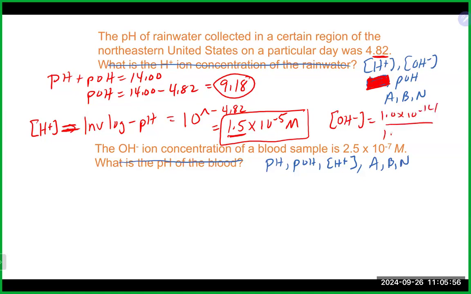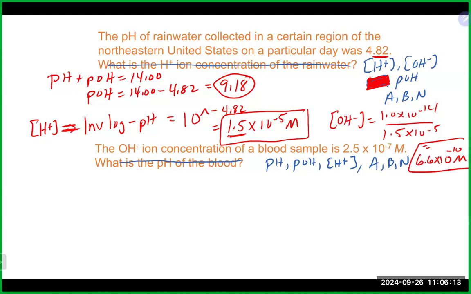And obviously here we just got our H plus concentration. So if I do that with KW, I'll get, we'll call it, 6.6 times 10 to the minus 10 molar.